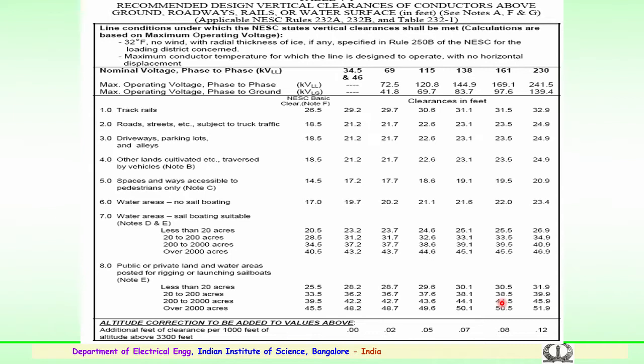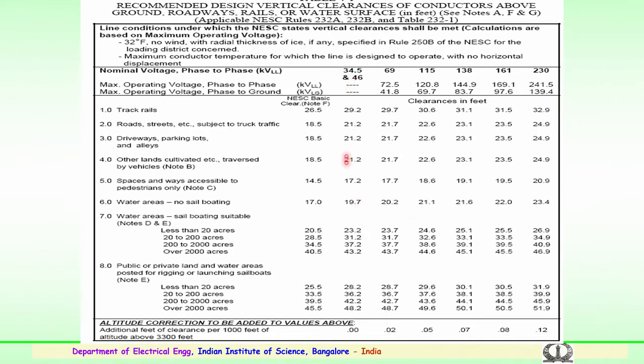In such cases the international rules very clearly specify, for various voltage levels, the clearances to be adopted in the case of railway tracks or roads or driveways or parking lots or agriculture activity where the land is being cultivated, or spaces for pedestrians and water bodies, and also public or private land where activities like sailboats are being employed.